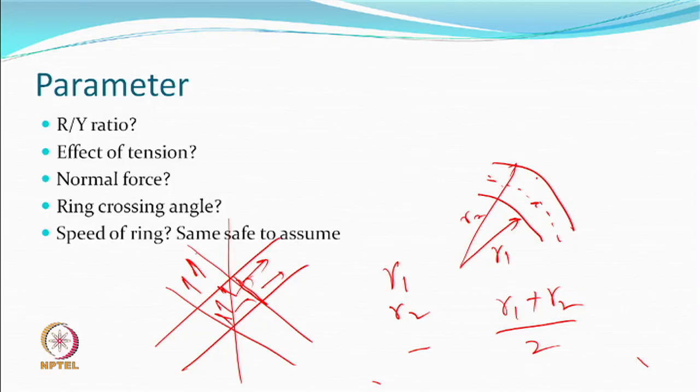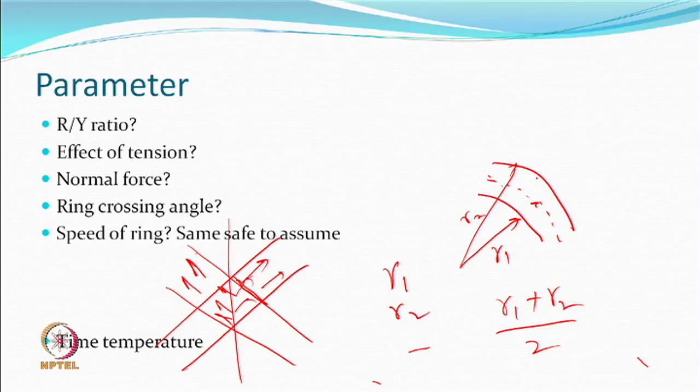Speed of the ring: it is safe to assume that both the rings are moving with the same speed, but theoretically, if one of them, which is also being rotated by some belt, slips, then the speed may be slightly different, and slightly different actions will be there. They are generally driven through a transmission system and then a belt.